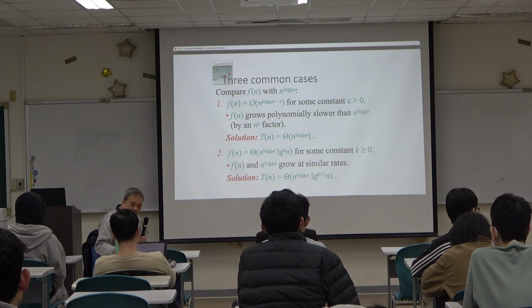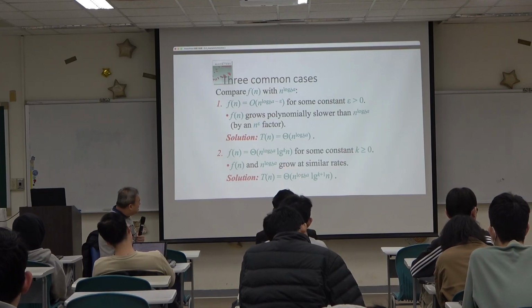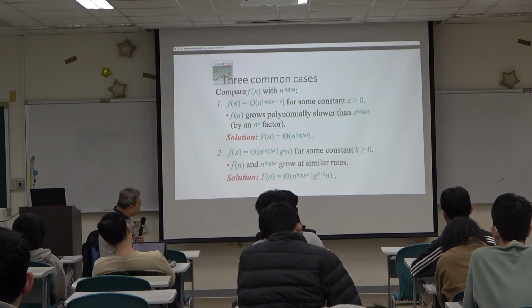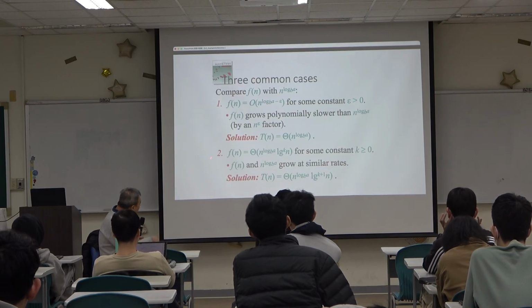If this is the case, the solution T(n) is theta of n to the log base b of a times log n to the power of k plus 1. Okay, this is the second case.